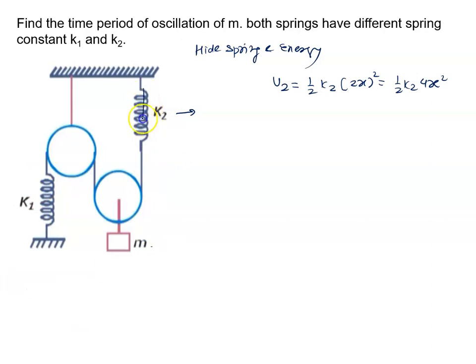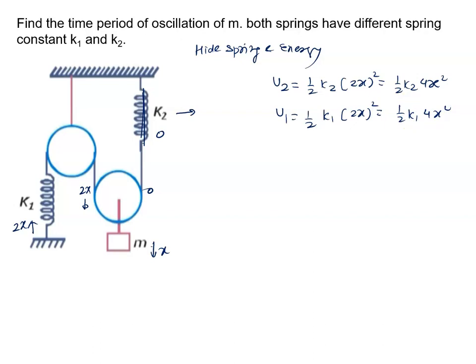We hide this, again displace by x. Again here the displacement is 0, here 0, and the displacement is coming toward this side, so here the displacement is 2x. It means the energy stored in spring 1 is half k1 into (2x) square, which is half k1 into 4x square.